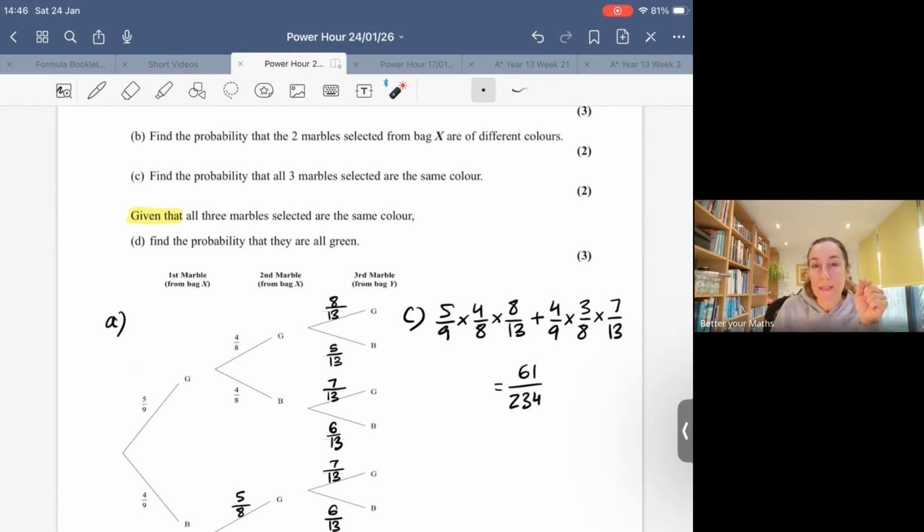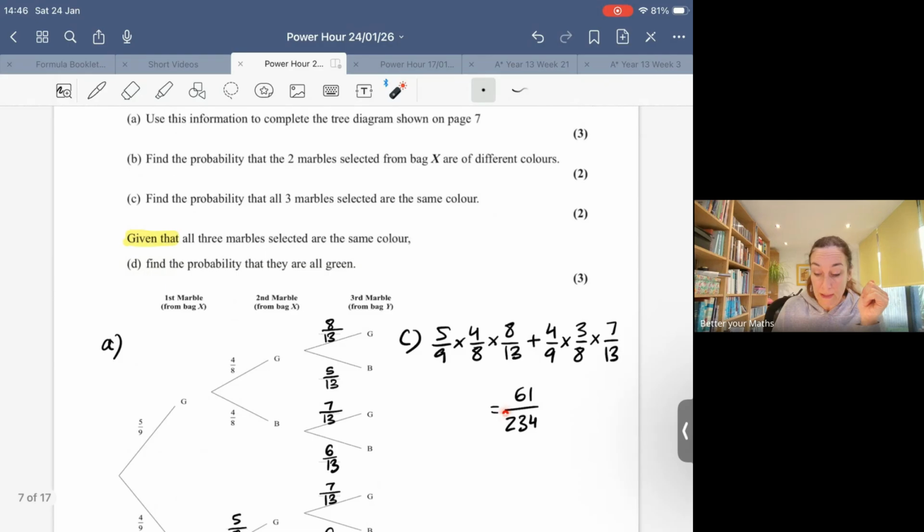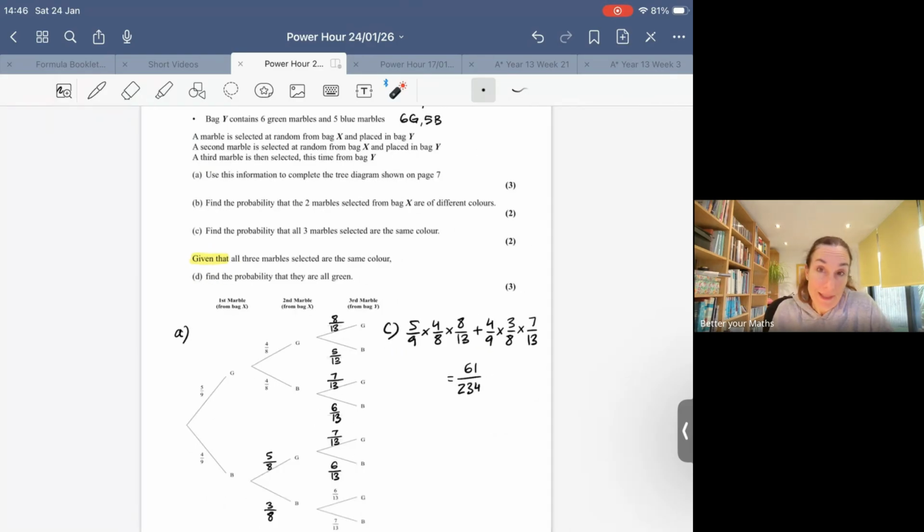My denominator is the probability that they are the same color. It could be green, green, green, or blue, blue, blue. And that's precisely what we found in part C of the question, so I'm just copying this straight away. So really it's the probability of green, green, green, divided by the probability of green, green, green, or blue, blue, blue. If that makes sense. Yeah, more or less. We will see this. We haven't seen that, Abby, don't worry. More questions?